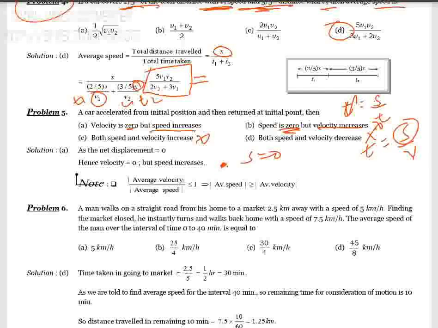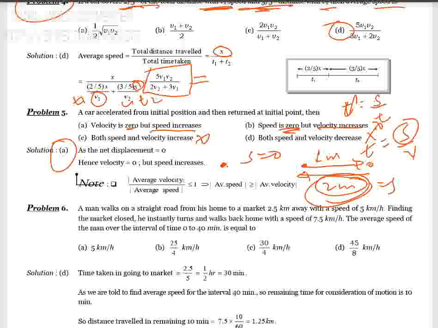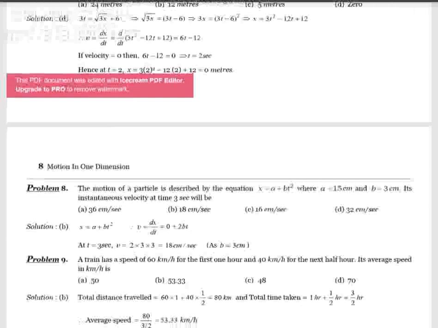It increases because, for example, the car starts from this point, moves in this direction, and after that it returns. If this is 1 meter, it becomes 2 meters of distance. Since the distance is increasing, the speed is also increasing. Therefore, the answer is A. The answer is A. Do the others by yourself.